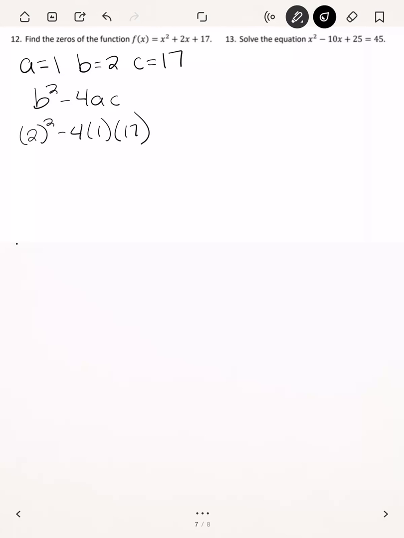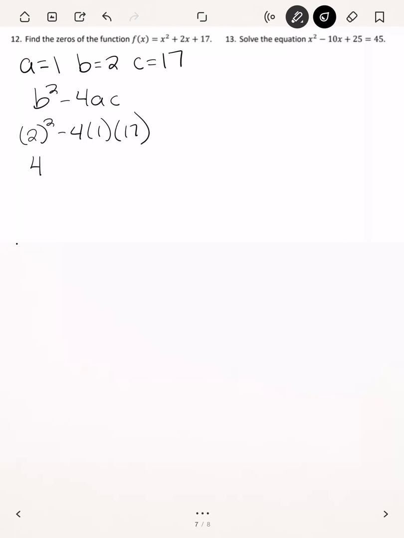Okay, so A equals 1, B equals 2, C equals 17. So B squared minus 4AC. So 2 squared minus 4 times 1 times 17. So 2 squared is 4. Negative 4 times 1 is a negative 4.